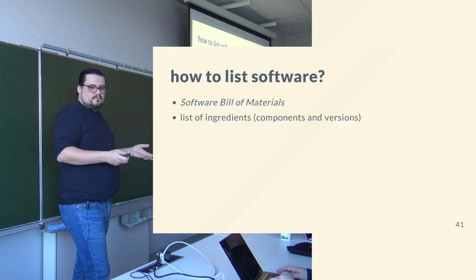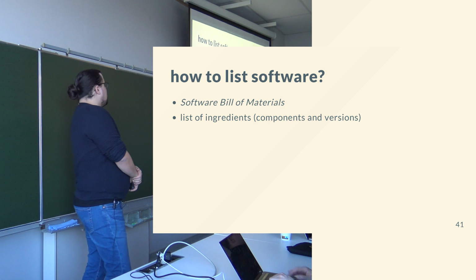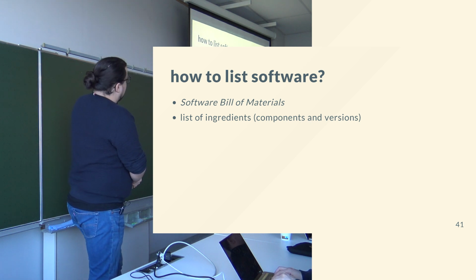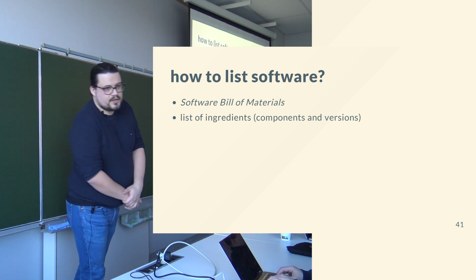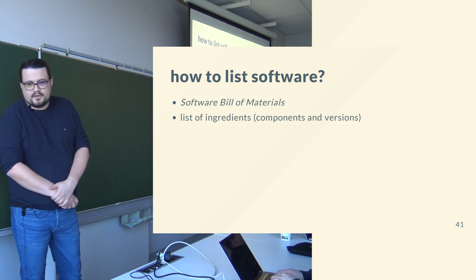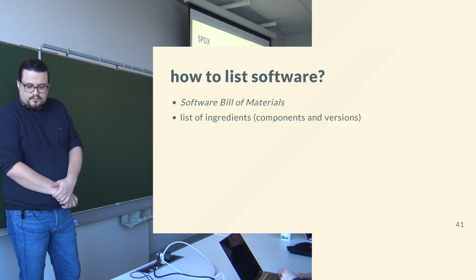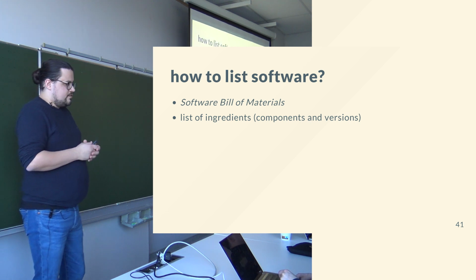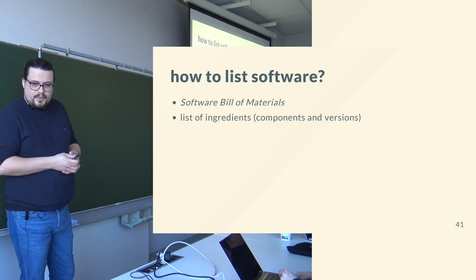Well, it's usually called a software bill of materials, SBOM. It's basically the list of ingredients that make the software. And we'll talk of a few of them and how we can use them.